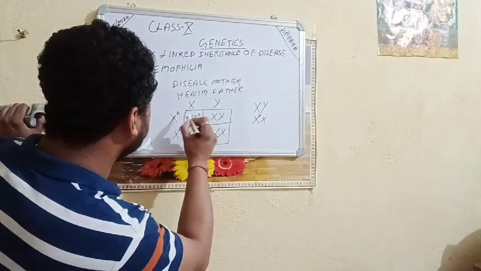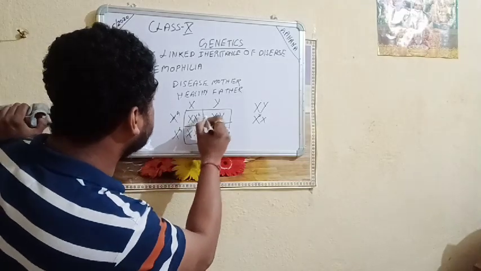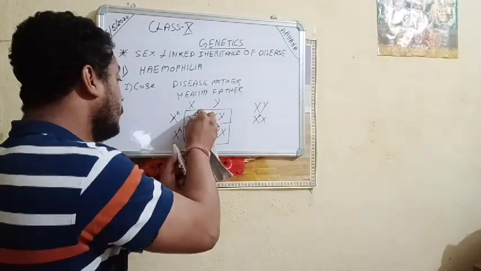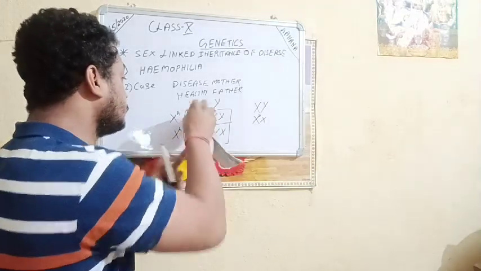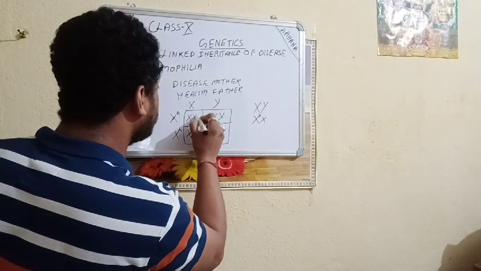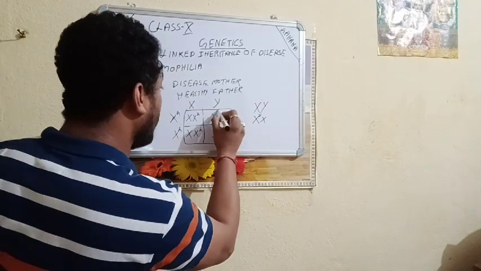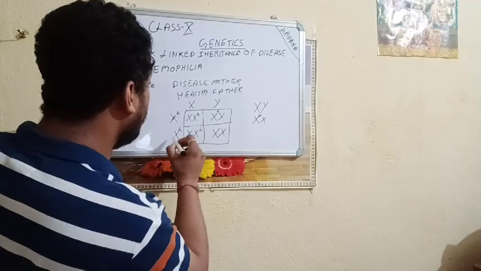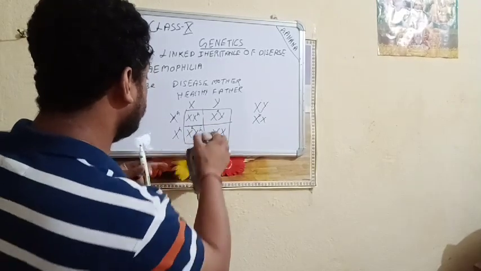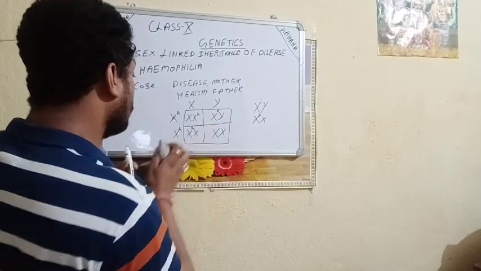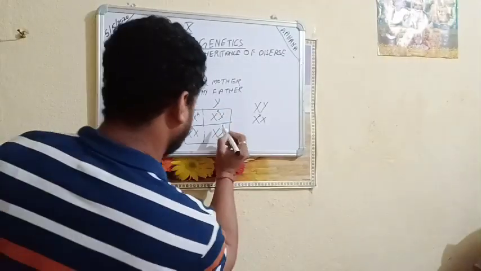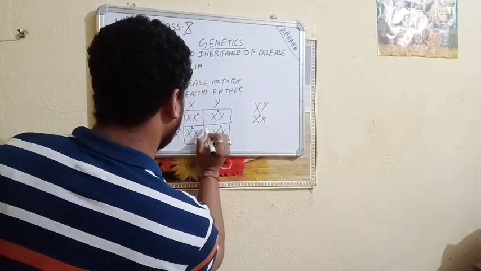Let us see the cross. XH. Again, we will see the cross over here properly. Let us do it. So what we will see? XHY, then XHXH, XHX, XHX, then XHY.